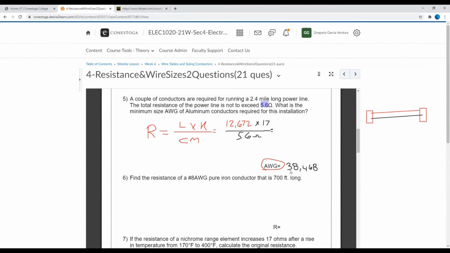But if the maximum resistance that we have in both conductors is 5.6, then we would need to divide the 5.6 by 2. Kind of make sense? I'm going to give you an example of that in just a minute.